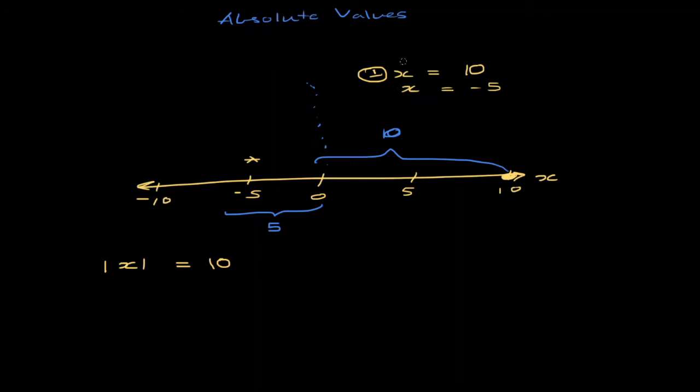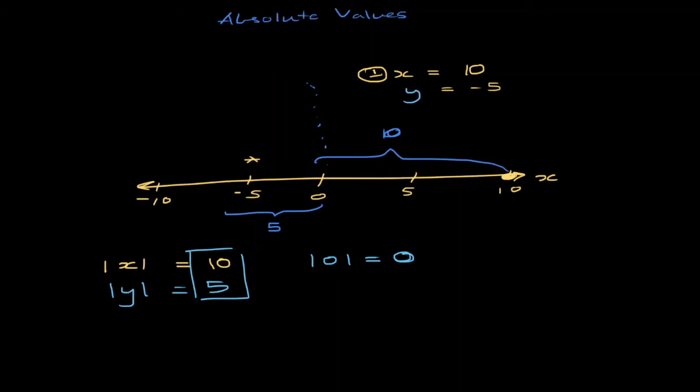Let's say this is y, some arbitrary variable y, and the absolute value of y is equal to 5. That's how far the distance is away from 0. And the absolute value of 0 is simply 0. It's key to remember that the absolute value is always a positive number. So that's the key takeaway.